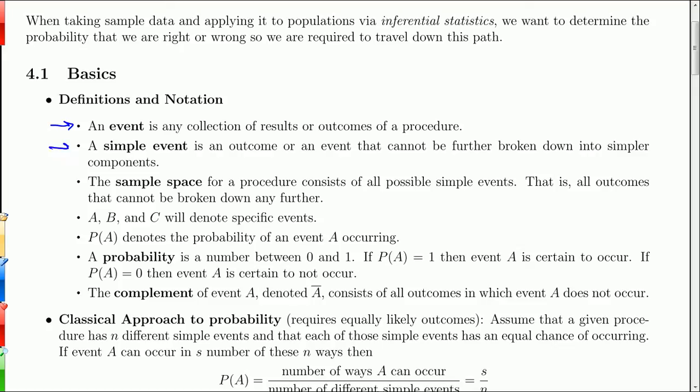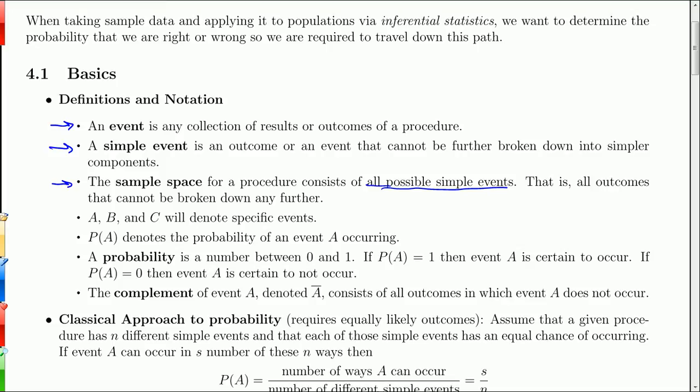A simple event is an outcome that cannot be broken down into sub-outcomes. For example, the 1 head and 1 tail can actually happen in 2 different ways. You can get a head, then a tail, or you can get a tail, then a head. Those are 2 simple events. The sample space consists of all possible simple events.